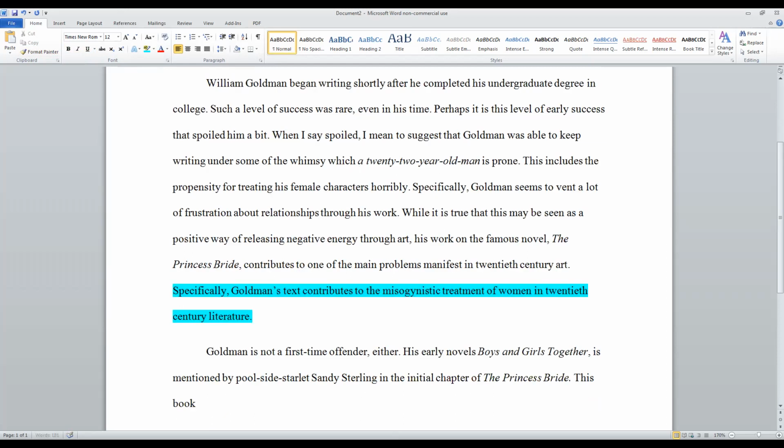This book, we are told in the introduction, received a particularly harsh reception from critics.